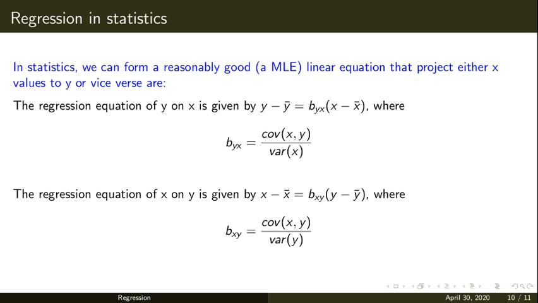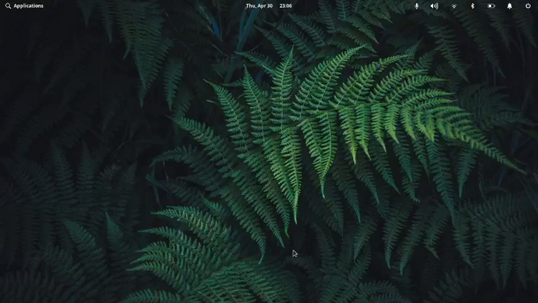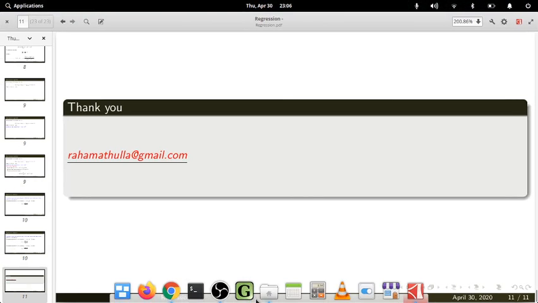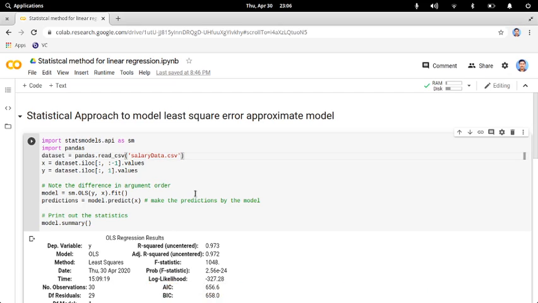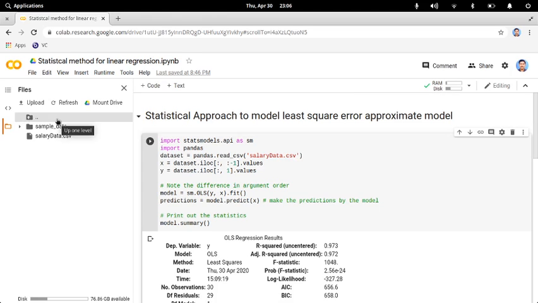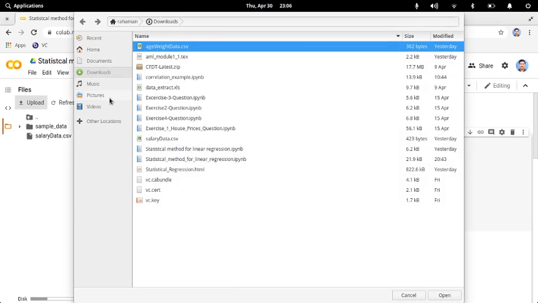Okay, so next you open Colab and do a simple exercise based on linear regression. You upload the salary data.